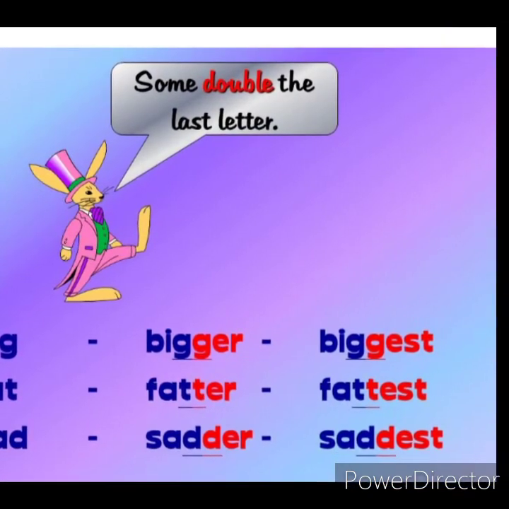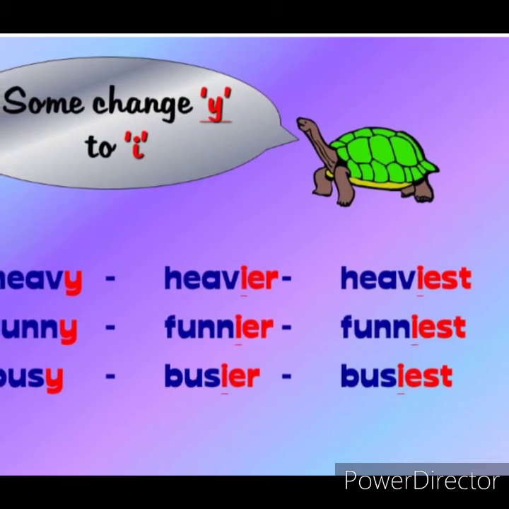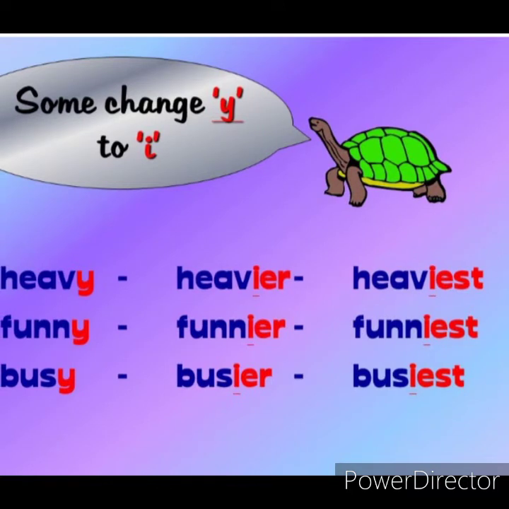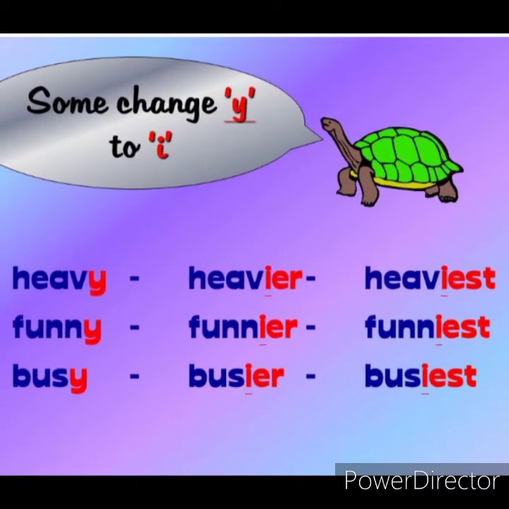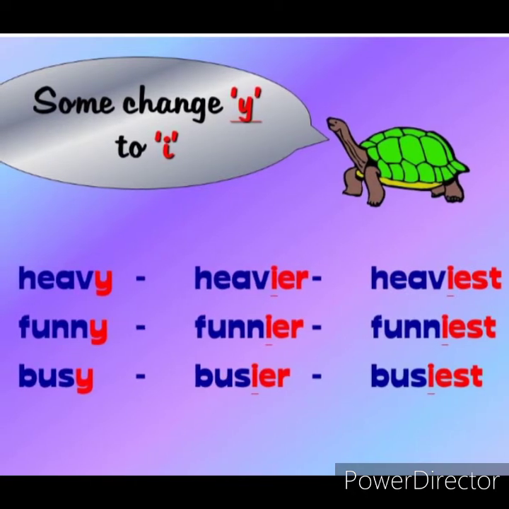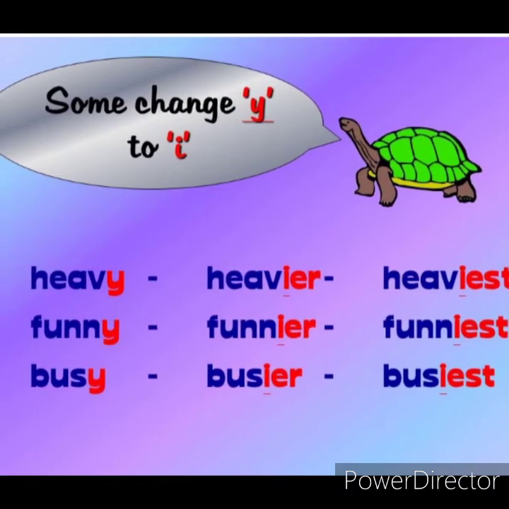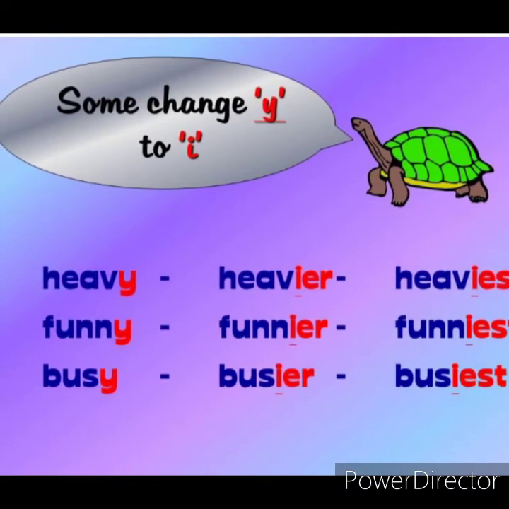When there is Y at the end of the word, we have to add IER and IEST to the words. Example, heavy, heavier, heaviest. Funny, funnier, funniest. Busy, busier, busiest.